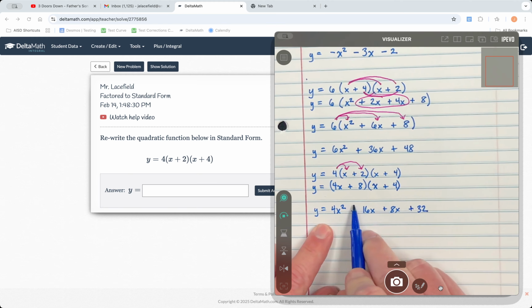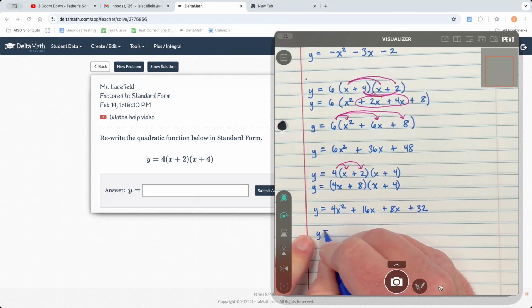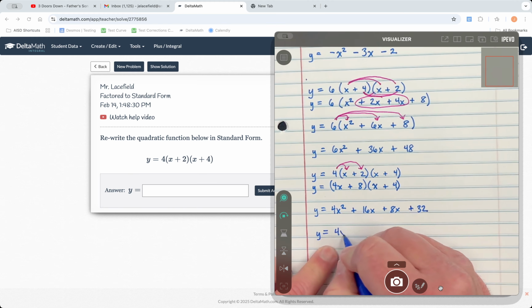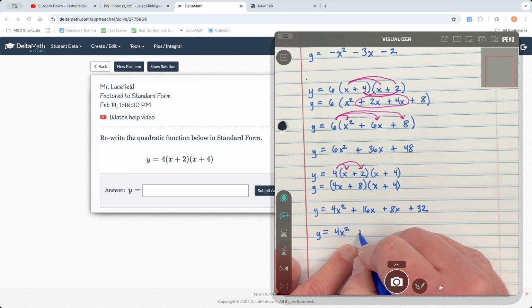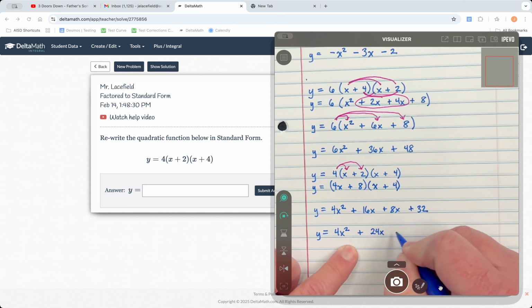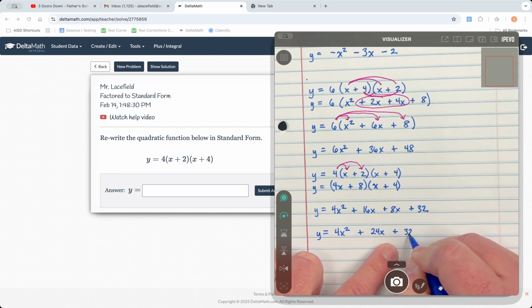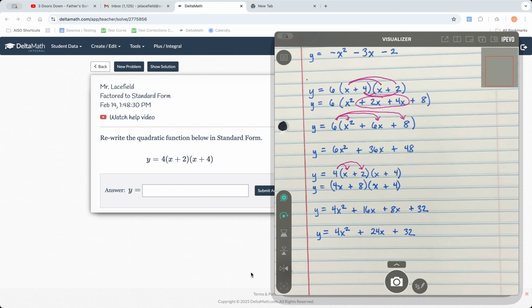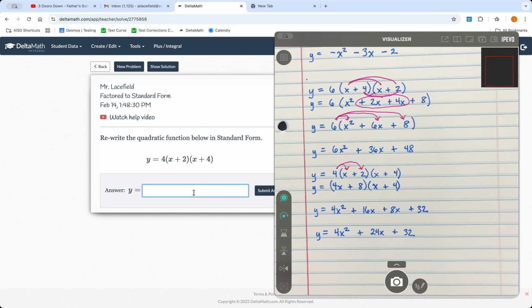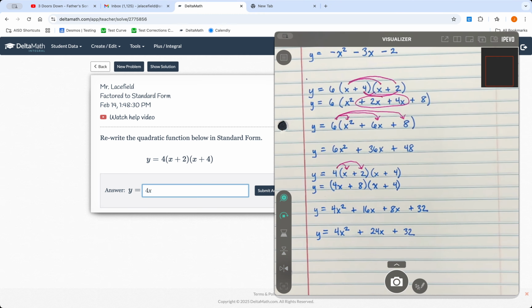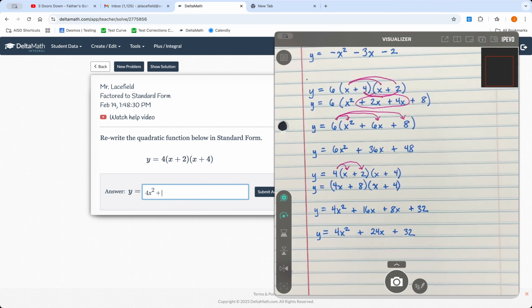We will clean this part up. This is going to give us the final equation of y equals 4x squared plus 24x plus 32.